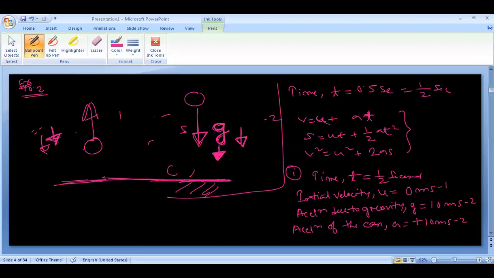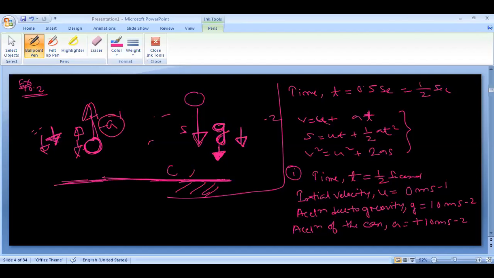Since the ball is moving upward, it moves opposite to the conventional direction. Yes or no? That's why in this case we have to take the value of a as negative.